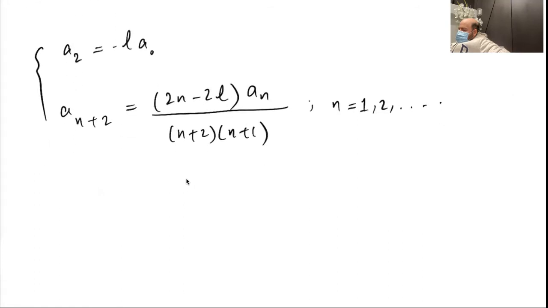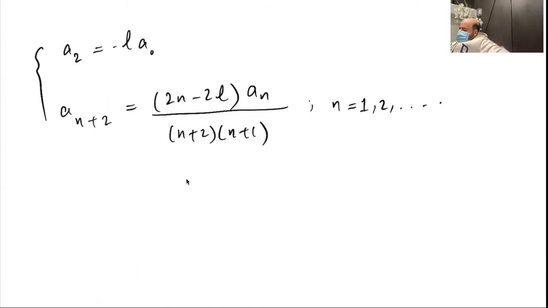So now we can use this recursive relation to find all the coefficients. We already have a2 in terms of a0. Then we can use the second equation to find a3, and then a4, and so on.